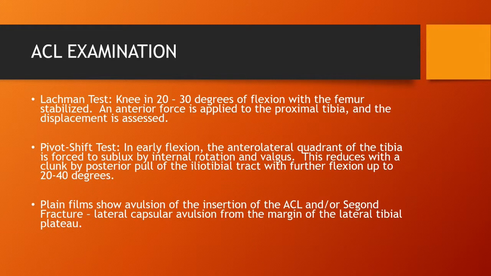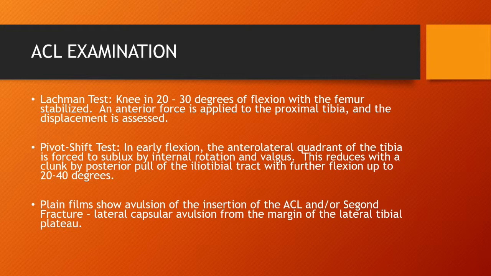Okay, on physical examination, the most specific test for the anterior cruciate ligament that's described in the literature is the Lachman test. With the Lachman test, you place the knee in 20 to 30 degrees of flexion, and this femur is stabilized. So the doctor's superior hand is placed on the anterior aspect of the distal femur just above the patella and applies a posteriorly directed stabilization to the femur.